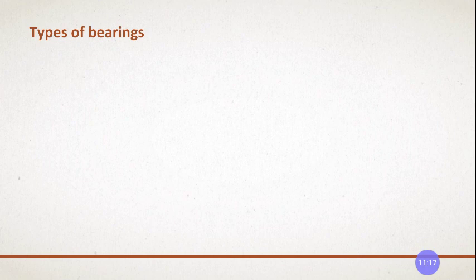Now the types. First is the cement mortar pad. What does cement mortar pad mean? We are going to make a cement mortar and prepare a pad of it, and place it over the substructure and under the superstructure.